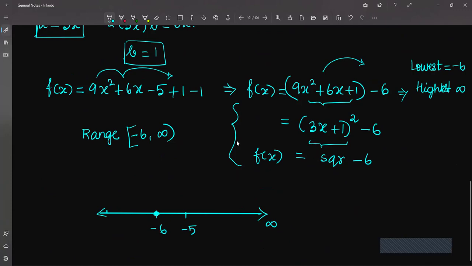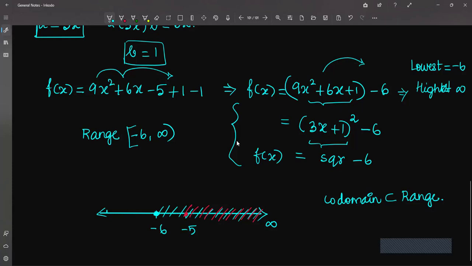So the range is this. In this case, if you observe, the codomain starts at minus 5, just like the previous question. So the codomain is a part of the range, or the codomain is a subset of the range.